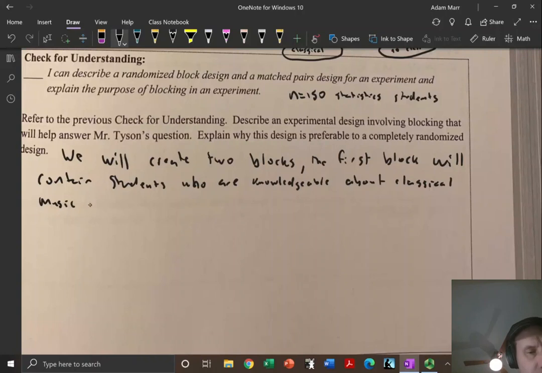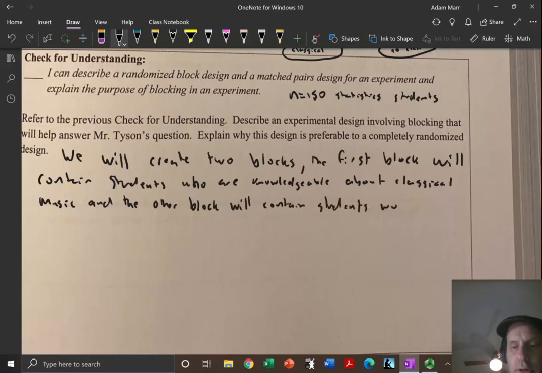And the other block will contain students who are not knowledgeable about classical music.